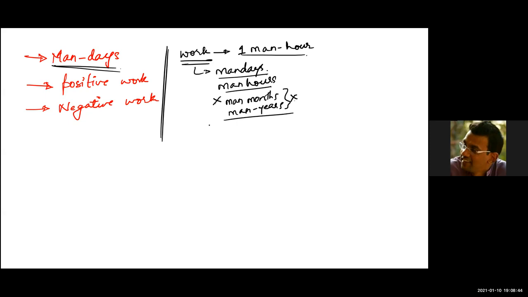Now, why is work defined in terms of man days and man hours? It gives me the quantum of work, and I can then decide at what pace I want the work to happen.